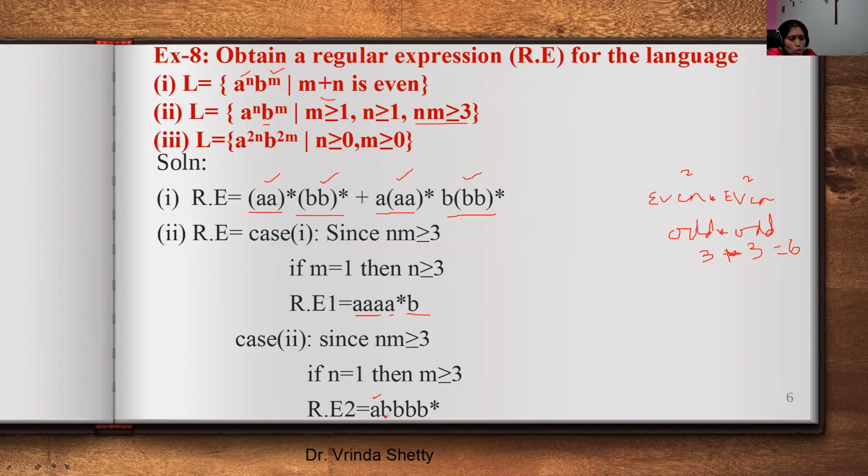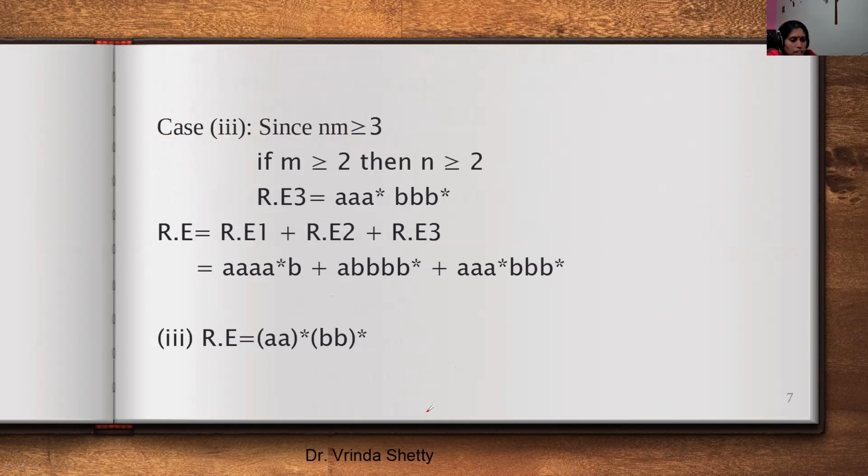Minimum 3 b's are required. So minimum 3 b's, then b star. It can have any number of b's. So n is 1, m is greater than or equal to 3. First case, m is equal to 1, n is greater than or equal to 3, A A A A star B. Second case, n is equal to 1, m is greater than or equal to 3. So 1 A followed by 3 B's and B star. We are going to have B star.